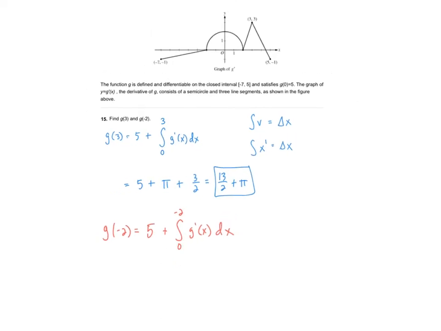Whatever this is, this will be our answer. All right, so we can see this is 5, and then we've already done this from -2 to 0. This area is the area of a quarter circle, just like when we found it over in this part. And this area is just pi. So this is going to be 5 minus pi. And that's it.